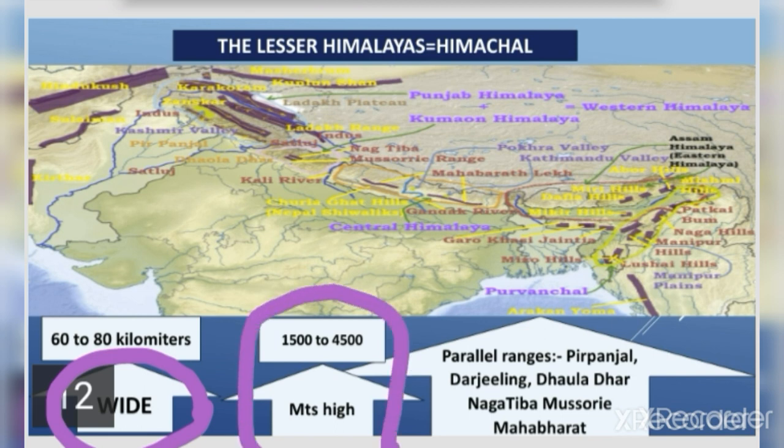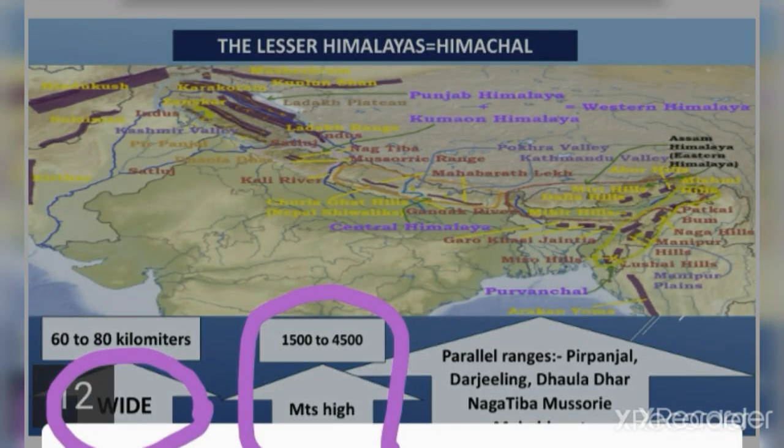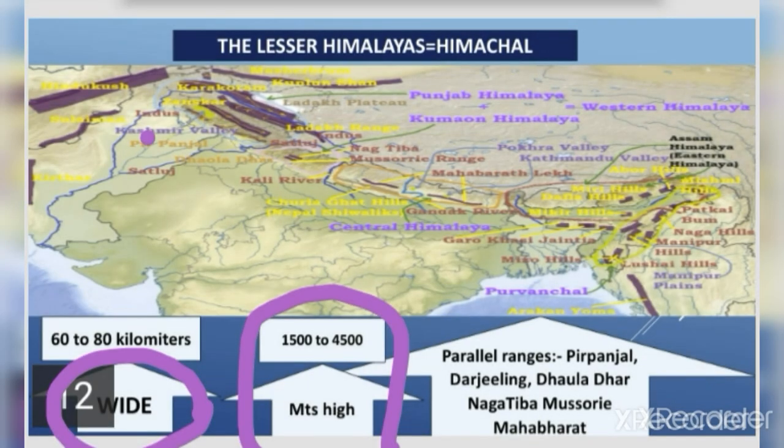Let's see the important parallel ranges in the Lesser Himalayas. Example, Pir Panjal here. Next one, Dauladhar here.